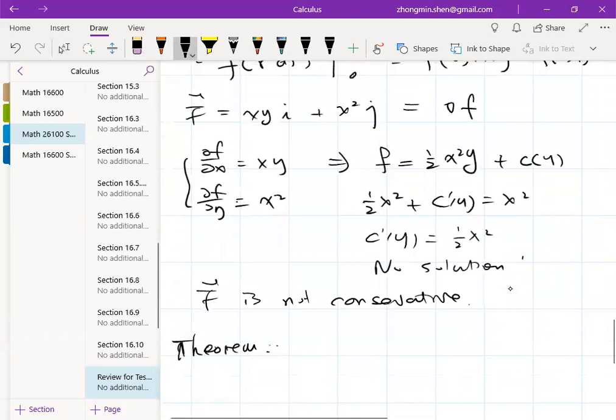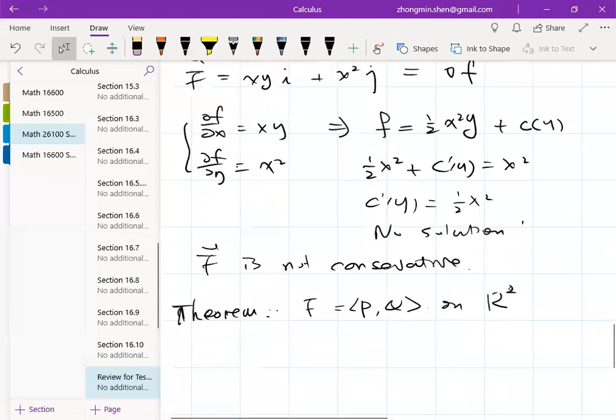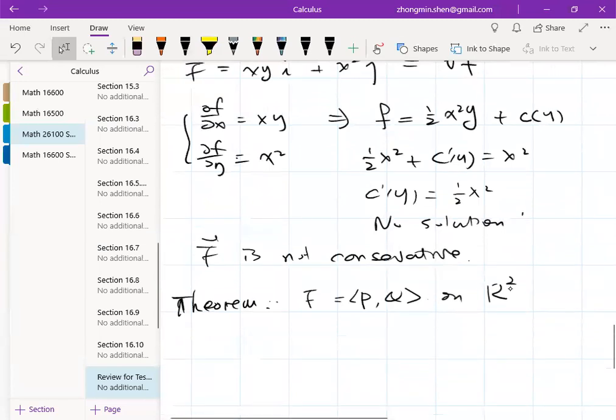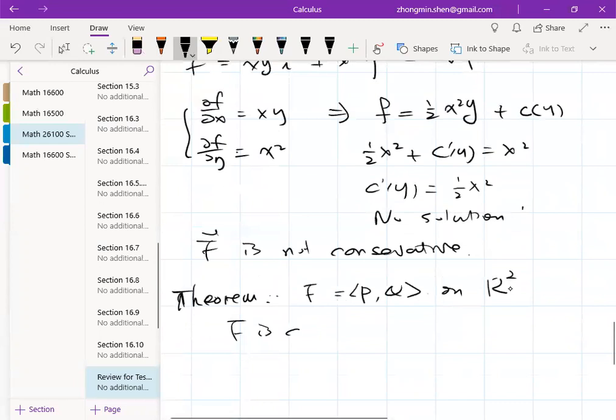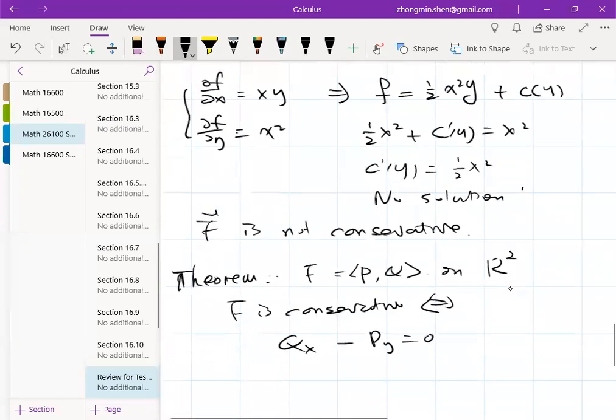If F is (P, Q) on R2, on some so-called simply connected domain, say on the whole R2, the whole plane, or some nice domain without holes, then F is conservative if and only if Qx minus Py is going to be 0.